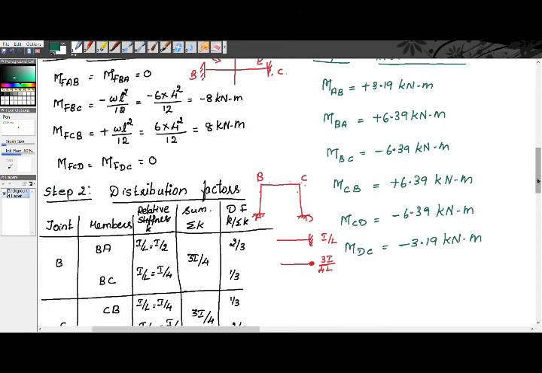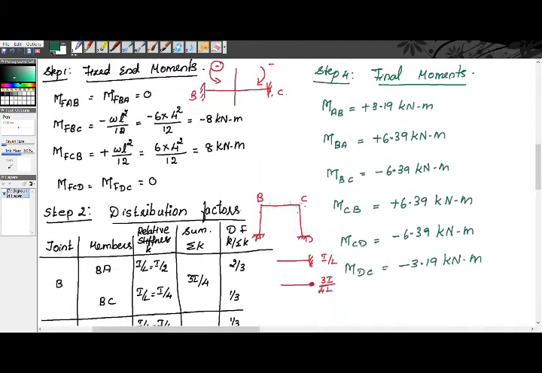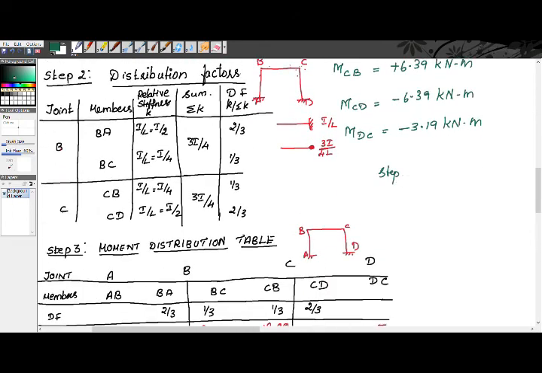Now, in order to draw the bending moment diagram, we need the value of simple beam moments. So step 5 is simple beam moments. For the span AB and CD, we don't have any external loadings, so we will have simple beam moments only for the span BC.